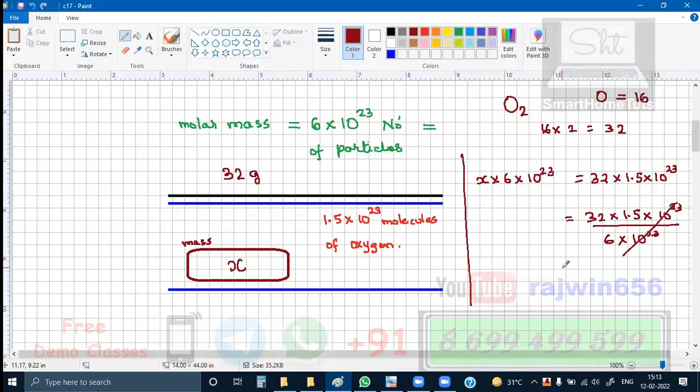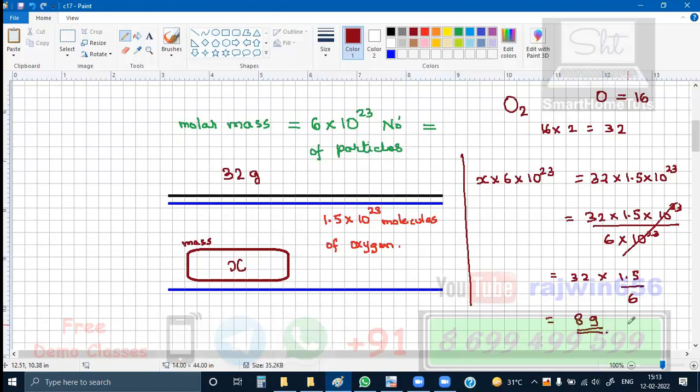So in the final calculation, what I'm going to get is 32 multiplied by 1.5 divided by 6. On calculation, this is going to become 1/4. 15 fours are 60, so it's going to become 1 upon 4. 32 multiplied by 1 upon 4 is going to become 8 grams.